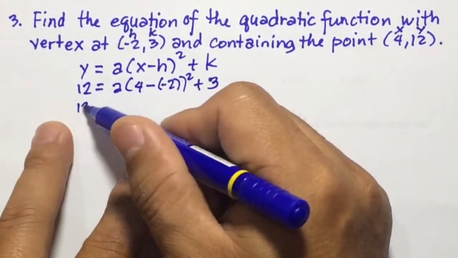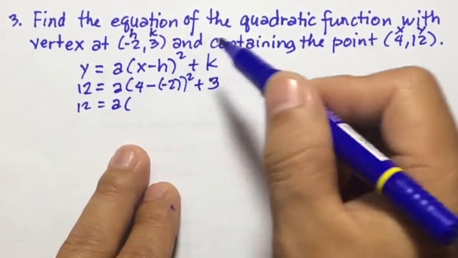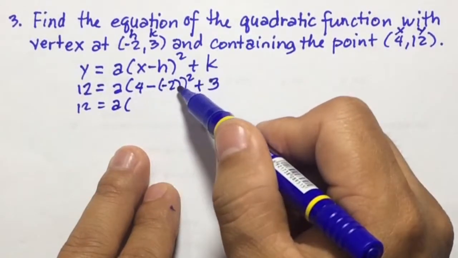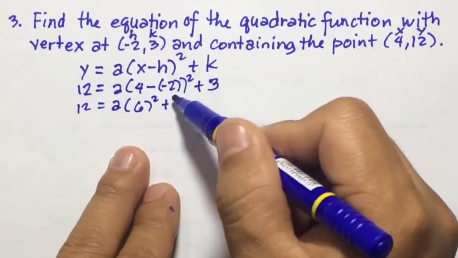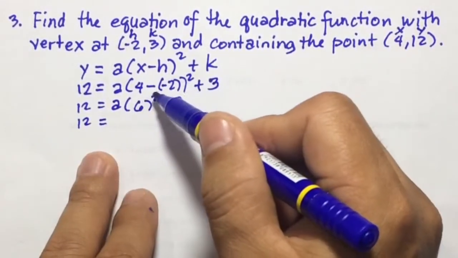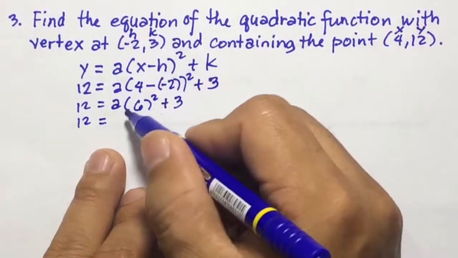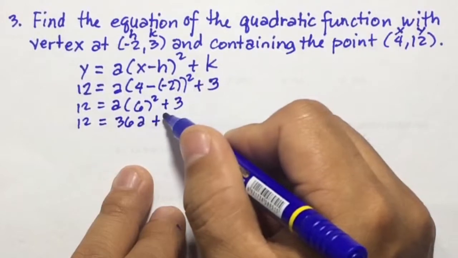So we have here 12 equals a times the quantity of 4 plus 2, 6 squared plus 3. So 12 is equal to 6 squared is 36, so 36a and plus 3.